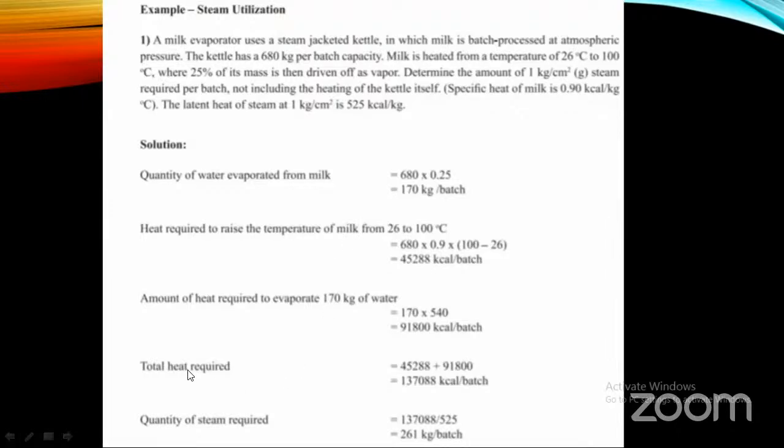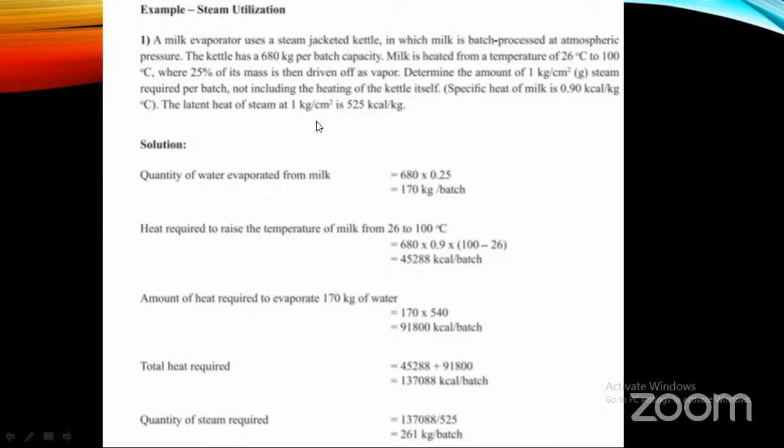So the total heat will be the summation of sensible and latent. So it is equivalent to 45288 plus 91800. So the total heat accounts for 1370.88 kilocalories per batch. So what is the quantity of steam required?